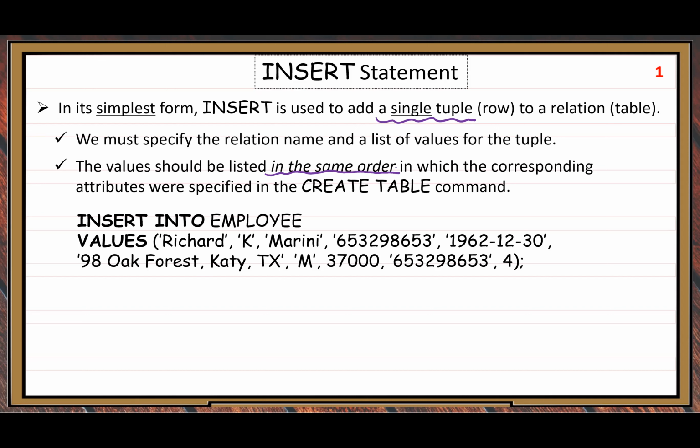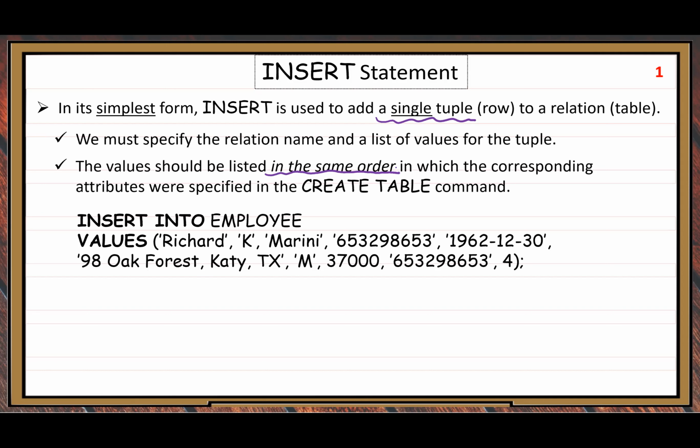So you only need to provide values. Then when you write the values, be careful to use the same order. First name, mid name, last name, Social Security SSN, date of birth, address, sex, and salary, right?